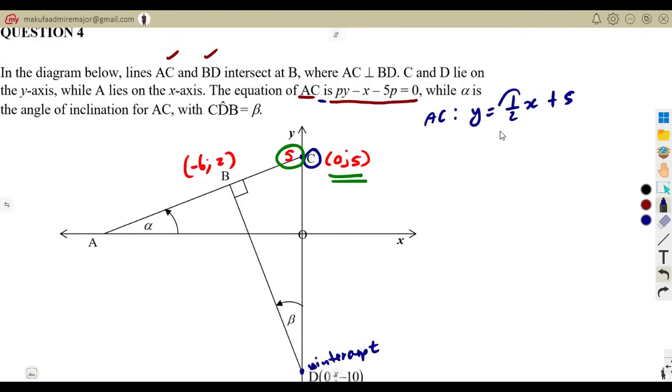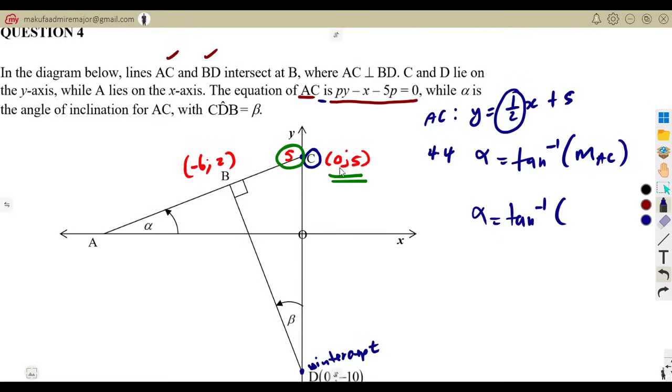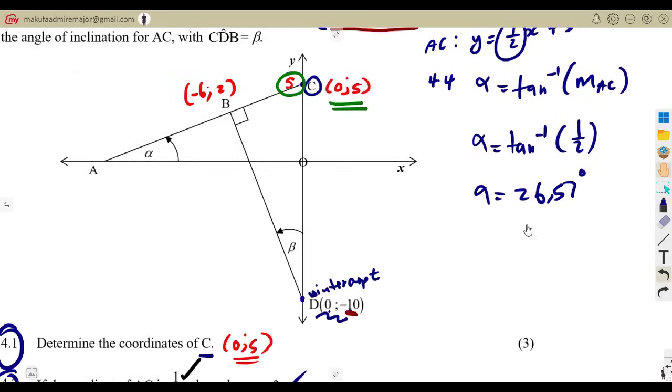So the gradient was 1/2, and you can simply take that from what we are given. So alpha is arctan of the gradient of AC, that's arctan of 1/2. That was going to give us 26.57 degrees to 2 decimal places, as we are not given the instruction there.